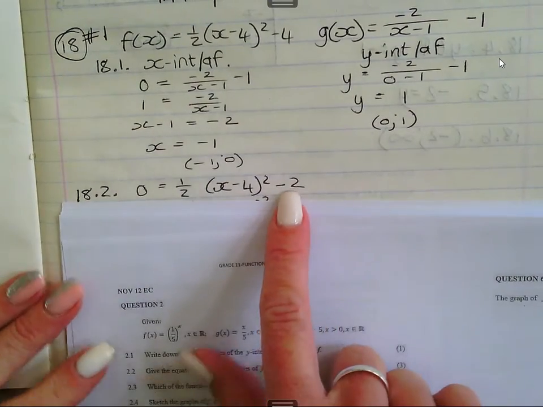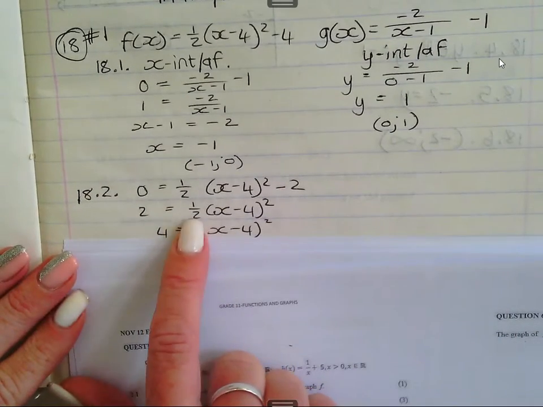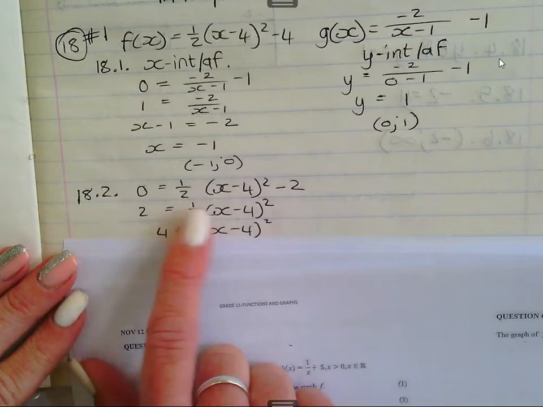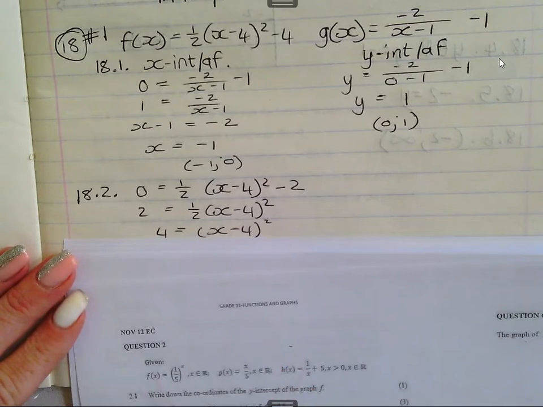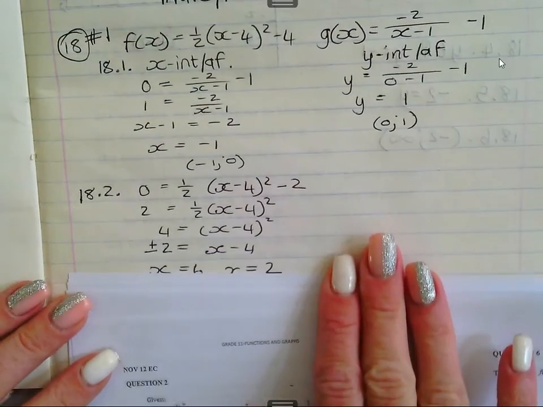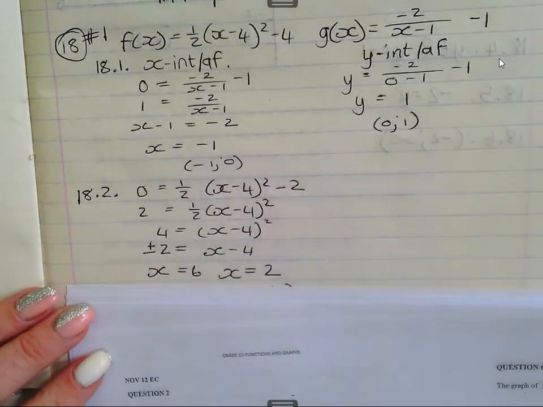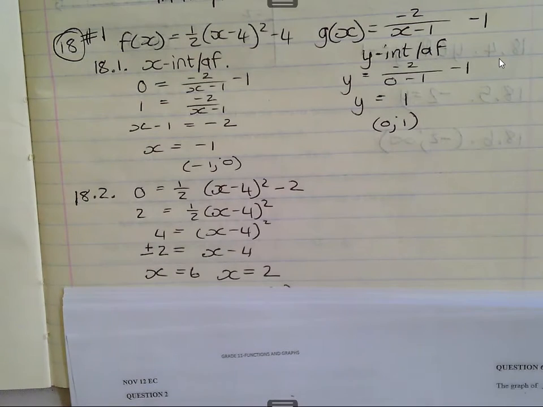So it's actually much easier. You take the -2 to the left-hand side. It becomes +2. Then you divide both sides by a half. Dividing by a half is multiplying by 2. So it becomes 4. Then you take the square root on both sides. And you just have to remember, when you take the square root there, it's plus and minus for your answer.